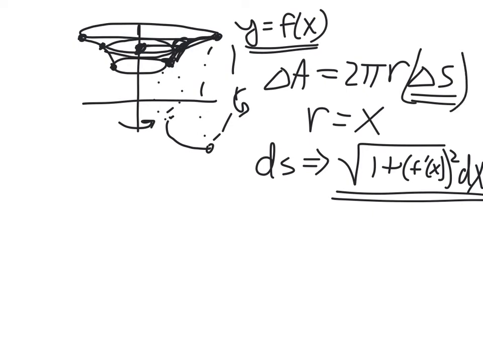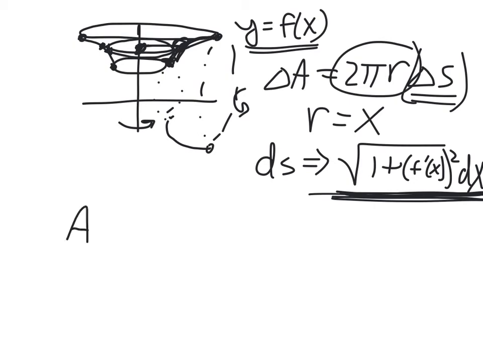So if we're revolving this line or this curve about the y-axis, we can still leave it in terms of x. Don't think about this thickness as dy. We need to think about it as ds, which was our arc length formula. And we only have to multiply that by 2 pi r to get our area.